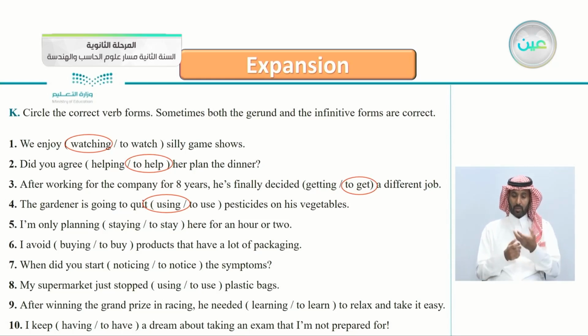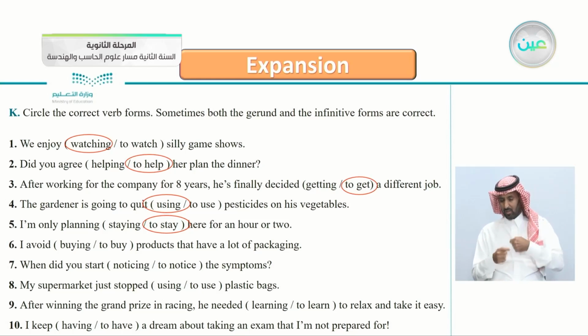Number 5: I'm only planning to stay or staying here for an hour or 2. Planning to stay. We can't have 2 INGs one after another. Number 6: I avoid buying, to buy products that have a lot of packaging. I avoid, yes, buying. Avoid is one of the verbs that comes before the gerund.